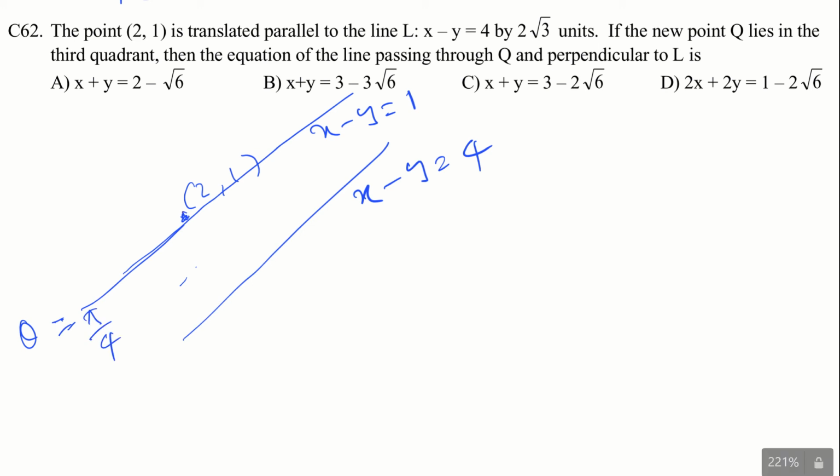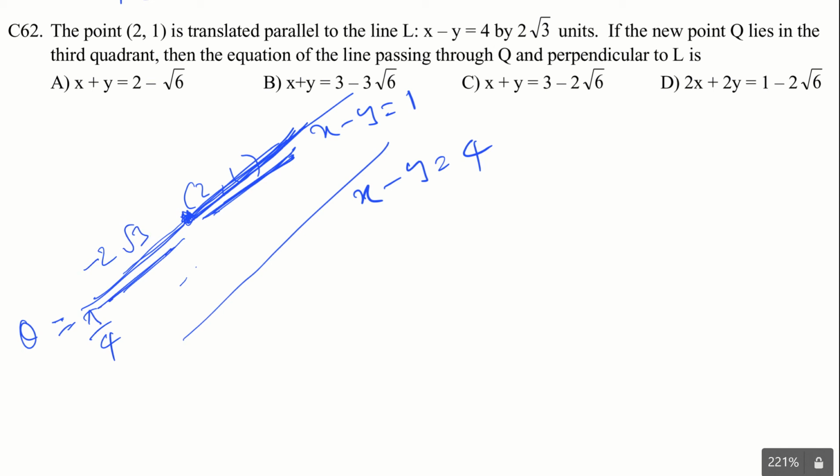Now from this point, we are looking for the point which is obtained by translating this by 2√3 units. Now it has to be in the third quadrant. This point 2, 1 is already in the first quadrant. If you go this side, then you will get the first quadrant only. So to get the third quadrant, I will go this side. So I will take minus 2√3.